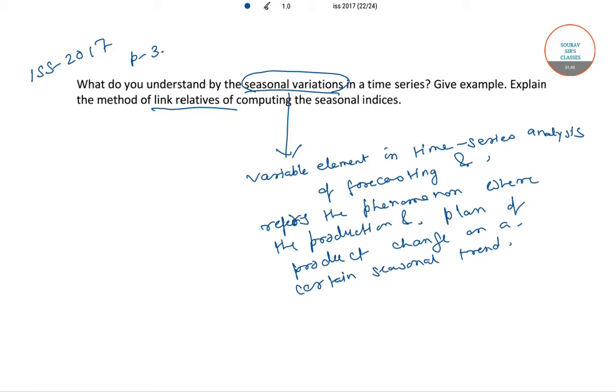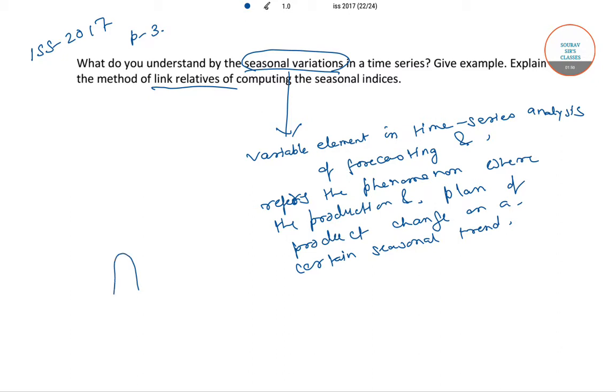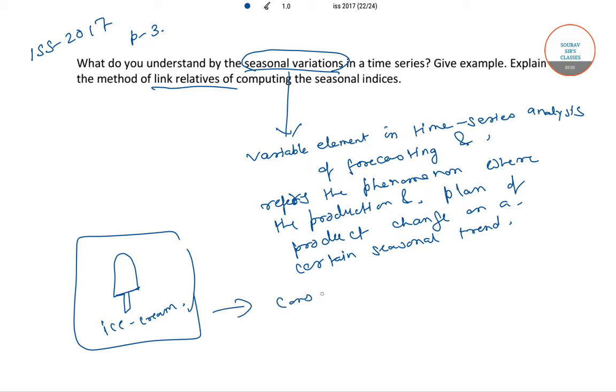For example, let us consider ice cream. We know that its consumption increases in summer.